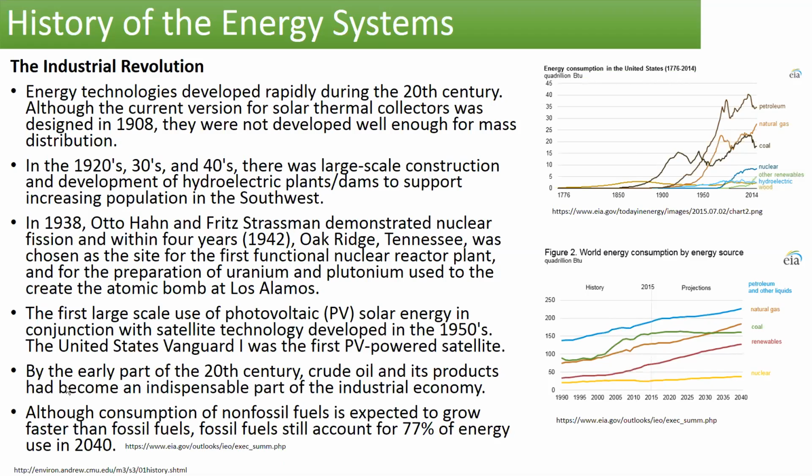The same with solar energy: in the 1950s, a lot of information and technology was developed to move solar energy forward. So as you can see, there is nothing new in those things, but still we are so far behind on renewable energy sources in the mix of total energy, not only in the United States, but in the world as well.